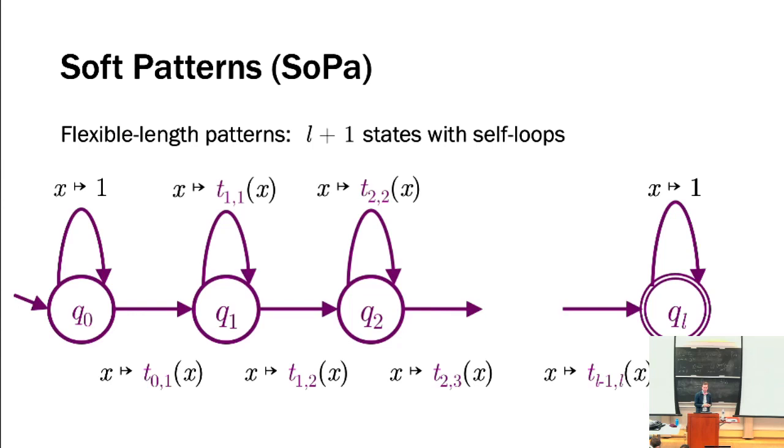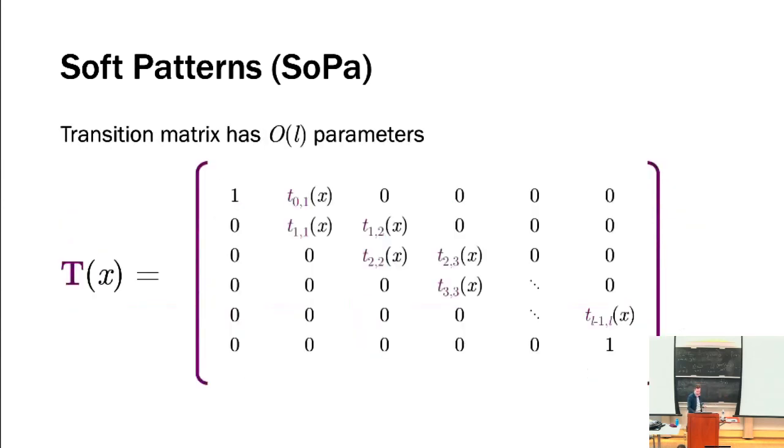So if you ignore the local weight vectors and look at it at this level of abstraction, for every word, the parameters stack into a matrix like this that's mostly zeros. It's a very sparse transition matrix because the structure of the pattern is that you're always moving from left to right, or doing self loops.